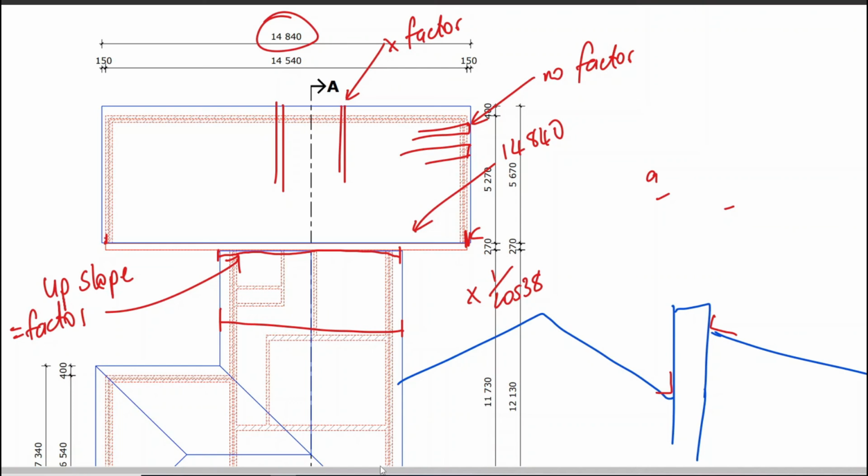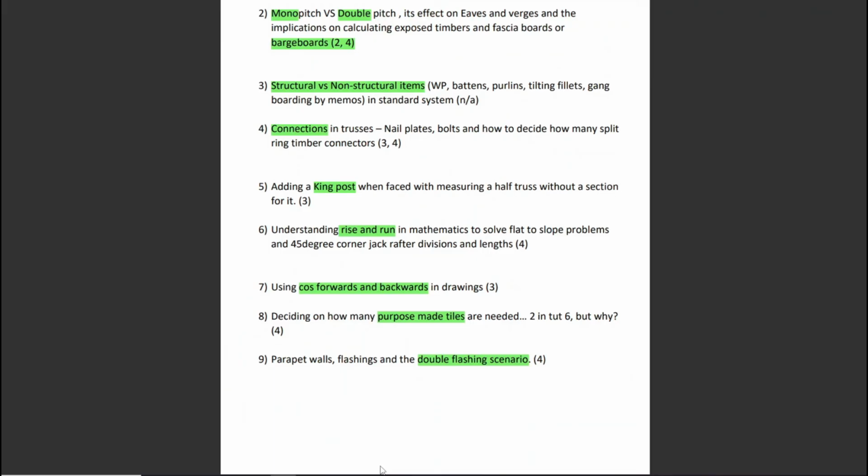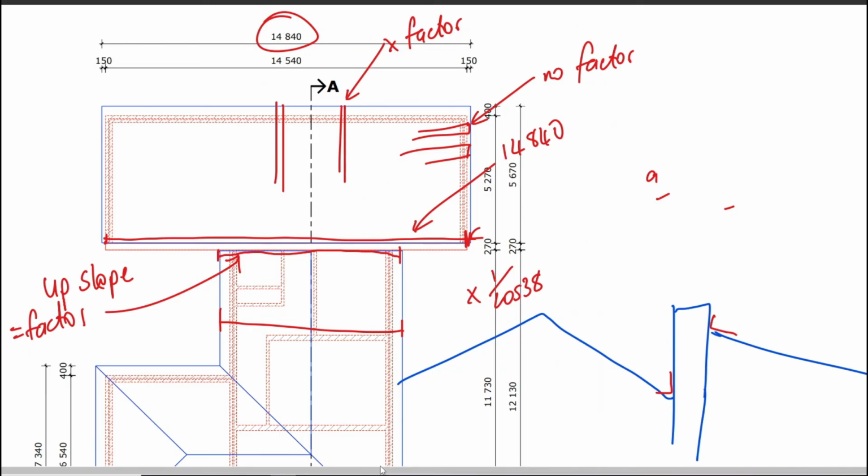And there's a lot of interesting scenarios that could be asked. And try and play around with certain ideas, and you will find yourself actually realizing interesting questions that could be asked and preparing yourself in that way. So that is it. Parapet walls, flashings, and a double flashing scenario.